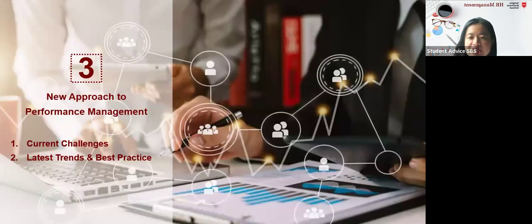Research showed that when employees see the appraisal system as consistent and fair, it enhances motivation, job satisfaction, reduces turnover intention, and improves job performance. However, challenges often arise from both the system design and the implementation, which can undermine the effectiveness of performance management in general. We will explore this problem in the next section.